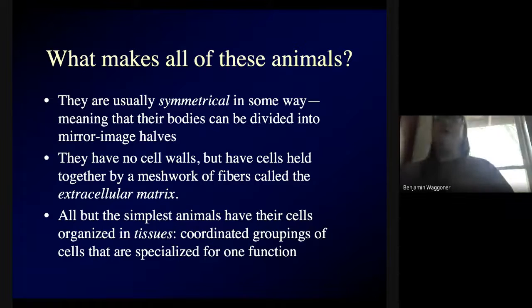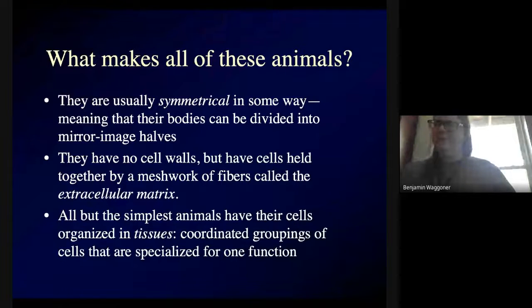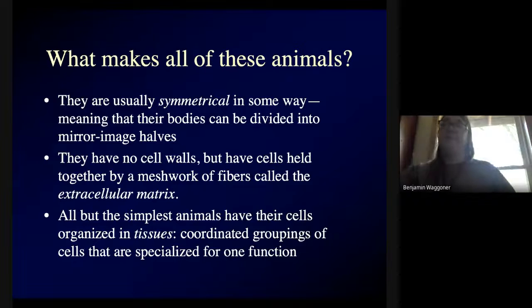Animals don't have cell walls. So bacteria do, protists, some do and some don't. Fungi do, animals don't. What locks animal cells together, among other things, is a meshwork of fibers that we call the extracellular matrix.